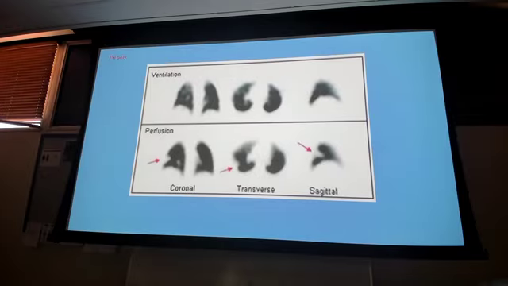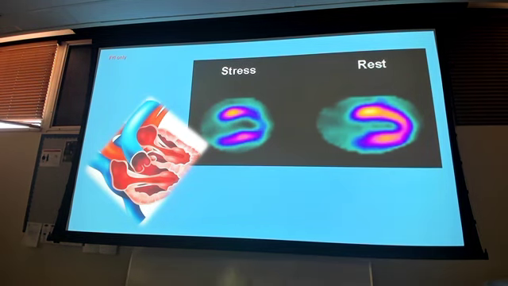Again, this is what those ventilation perfusion scans look like. Not going to make you necessarily read these or dictate these, but you need to know when to order them and what they're used for. Same thing here, right? I got perfusion issues, and this is why we stress out the heart.